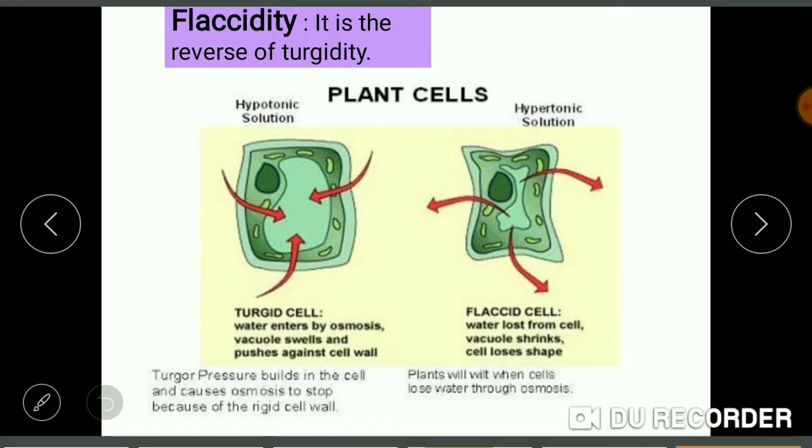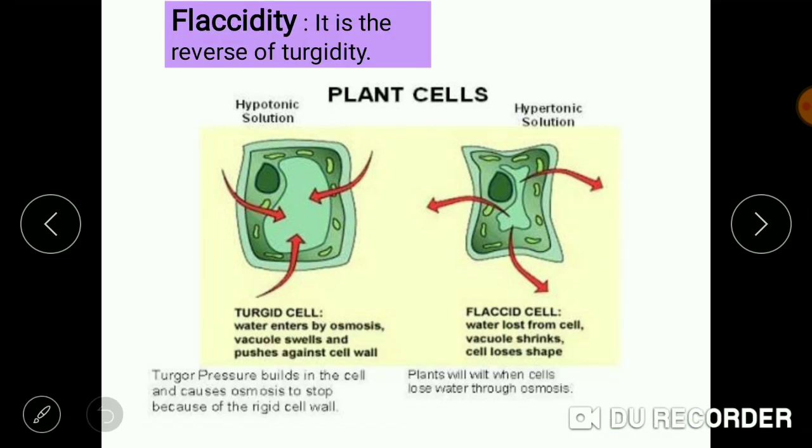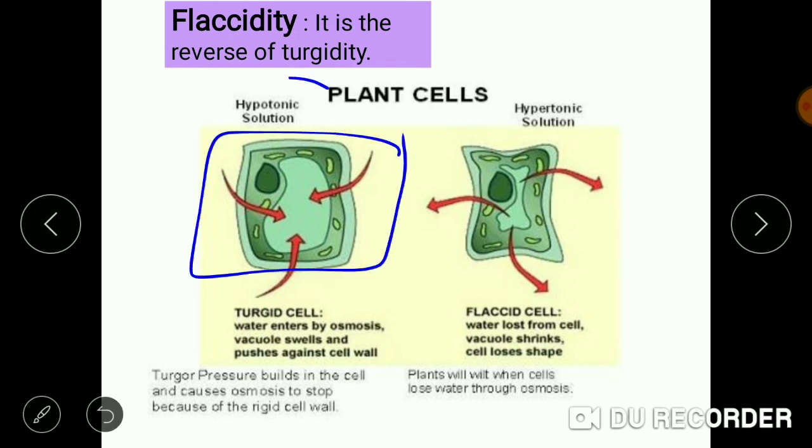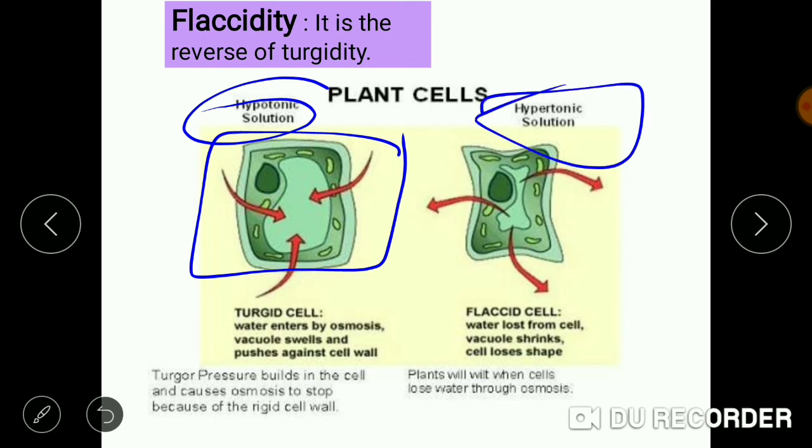Now we move on to flaccidity. Flaccidity is just the reverse of turgidity. Just like we have seen when we placed the plant cell in a hypotonic solution, it swelled up, similarly, if we place the plant cell in a hypertonic solution, the cell contents shrink up, and the water lost from the cell vacuole leads to a flaccid cell, and the process is known as flaccidity.